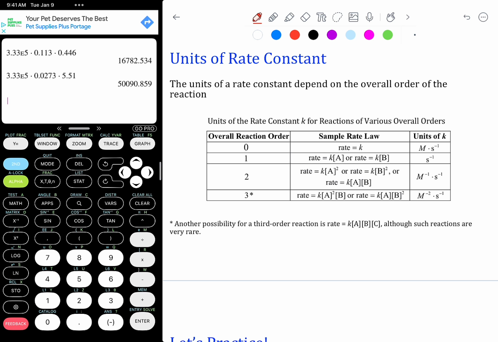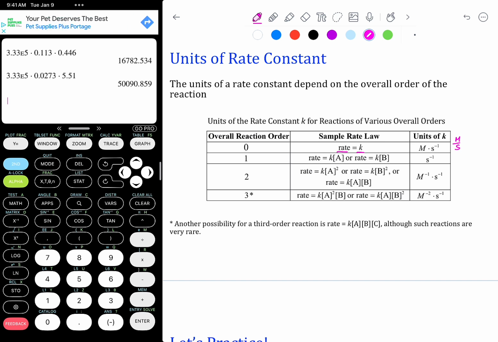So if the overall reaction order is 0, the units of K will be molar per second. I know sometimes seeing things to the -1 are difficult to see, so I'll try to write these in fraction form as well. So that would be molar per second. And that's because the rate is equal to K in a reaction that has an overall order of 0. And our units of rate are molar per second.